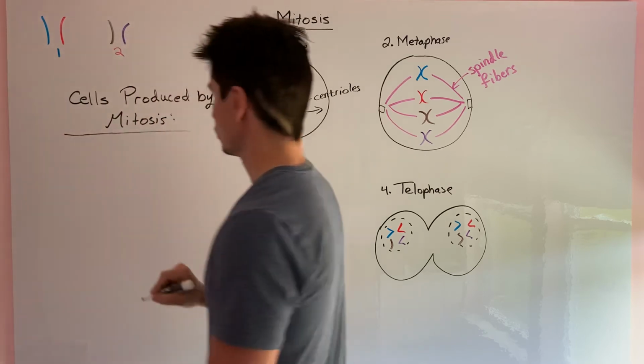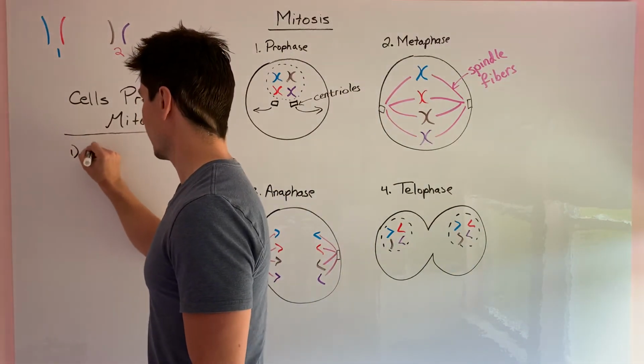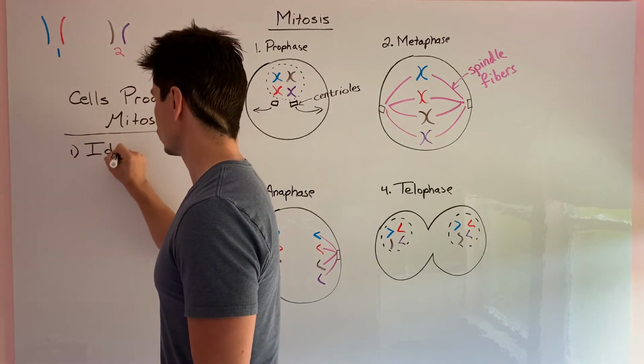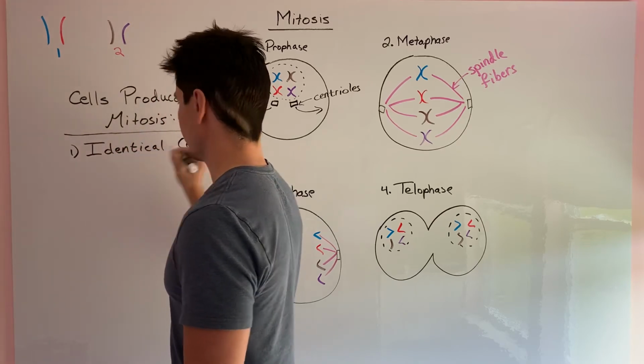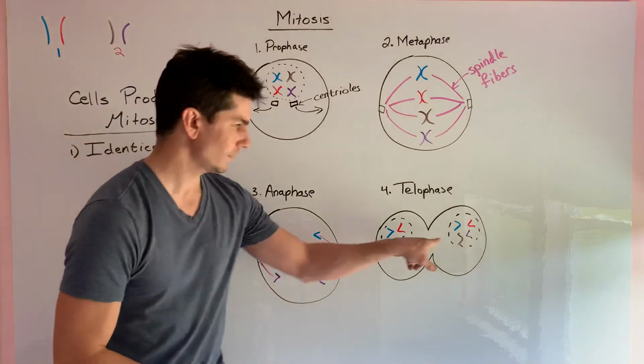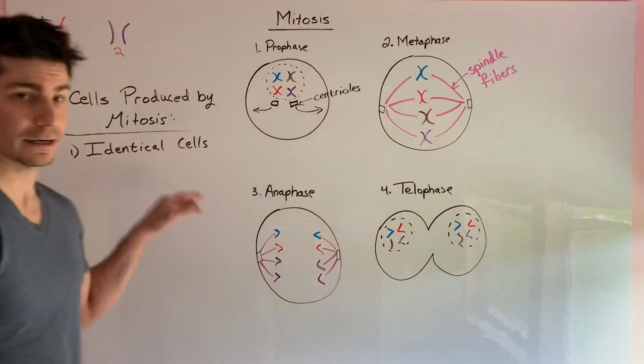Okay, so first thing, these 2 cells produced are 100% identical to one another. You guys can see I got a blue in each, I got a red in each, I got a brown in each, and I got a purple in each. So they are identical cells.